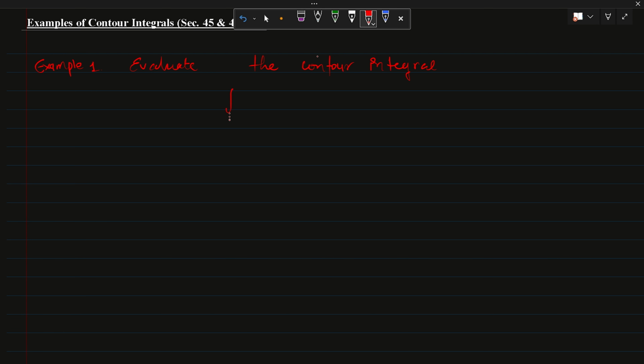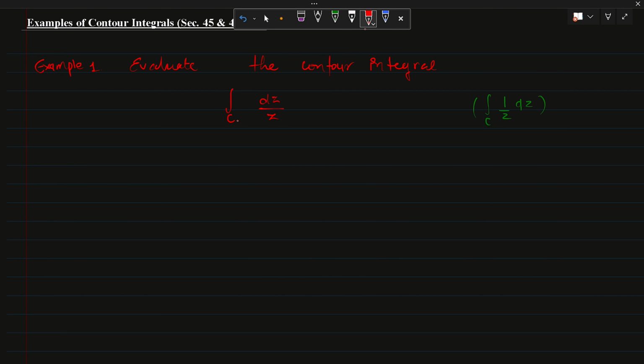Which one? Integral along C of this function dz over z. This is nothing but integral along C of 1 by z dz. So here the function given is 1 by z along the contour.